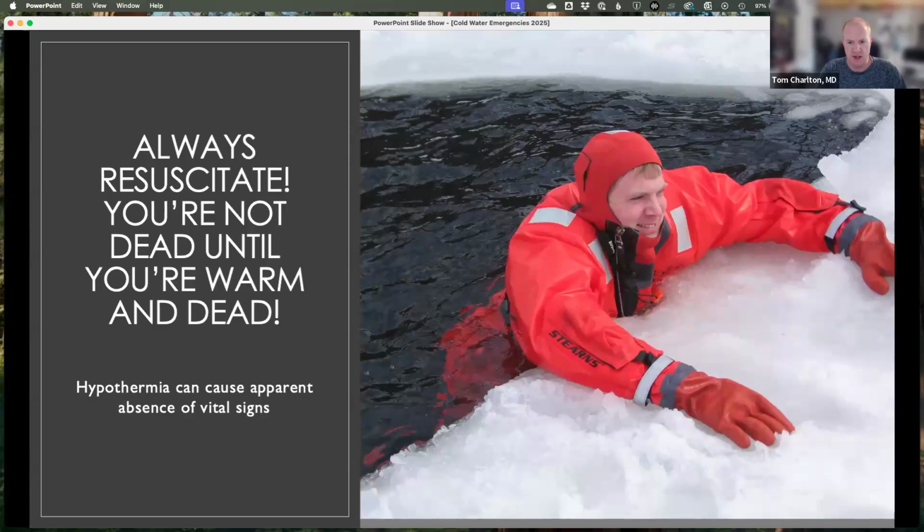So that's one of the ways at the hospital we know this resuscitation is probably at its end: we've warmed them and warmed them and warmed them, and we're not getting them any warmer than a given temperature. At that point, we know their metabolism is so shut down that there's really nothing to resuscitate.